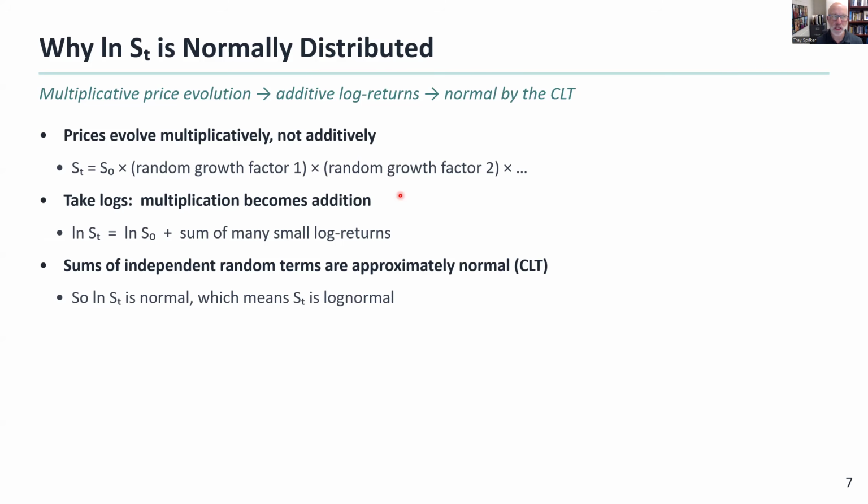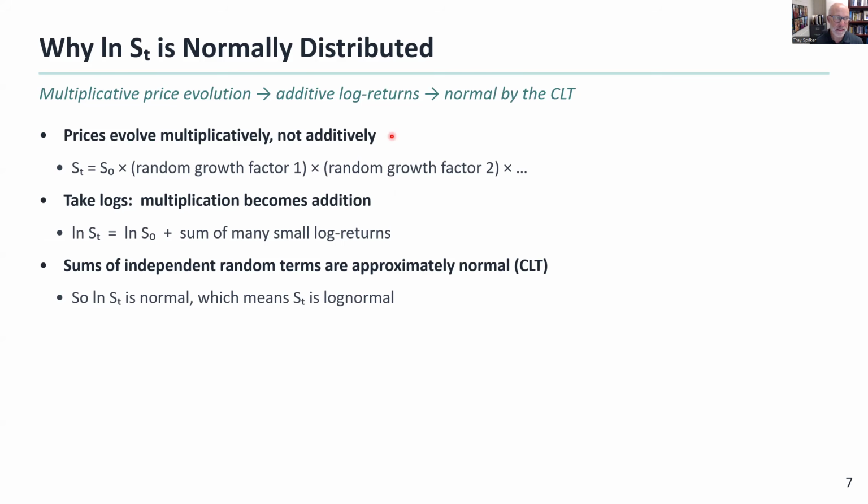And so the intuition comes from how prices evolve. Number one, prices do not add up together. They multiply. So, for example, a 10% gain followed by a 10% loss actually leaves you below where you started from, not back at where you began, at par.